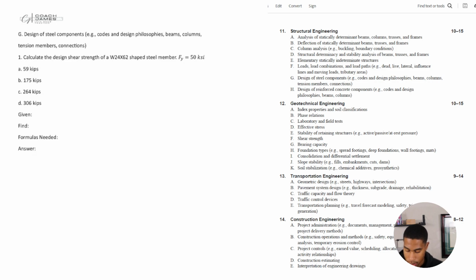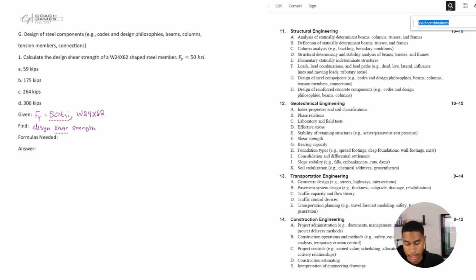We're given that Fy is equal to 50 ksi, and that it is a W24 by 62. What are we trying to find? We're trying to find the design shear strength. All right, I don't even know where to start.